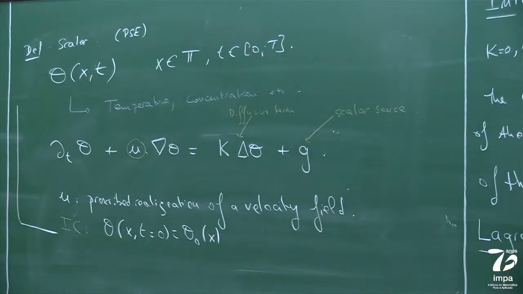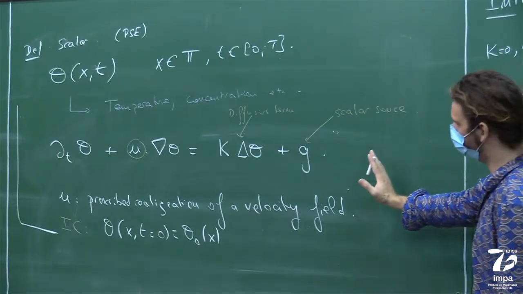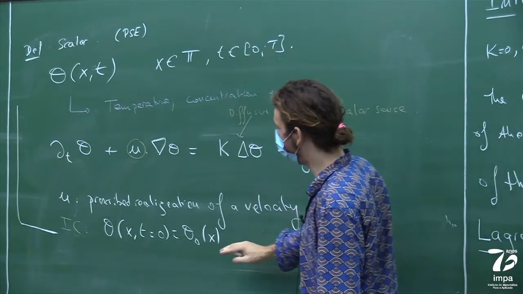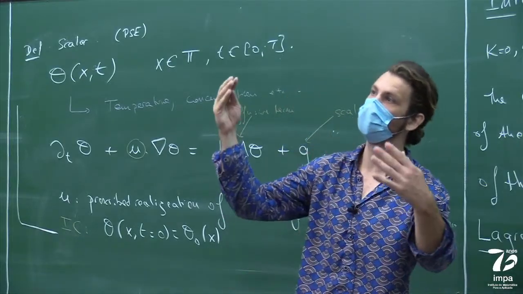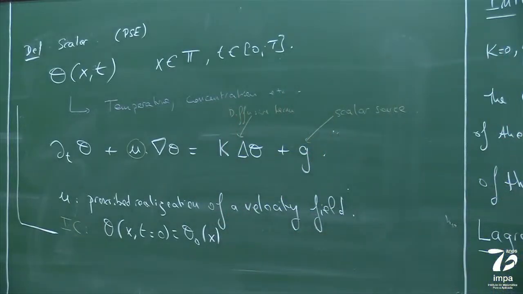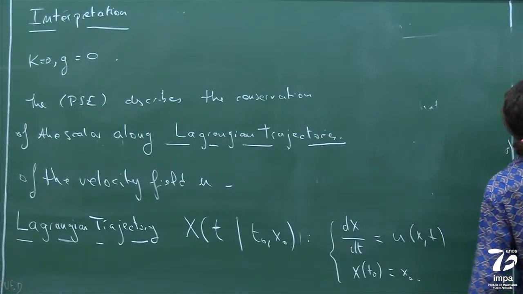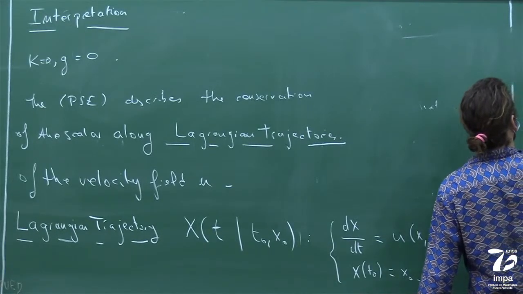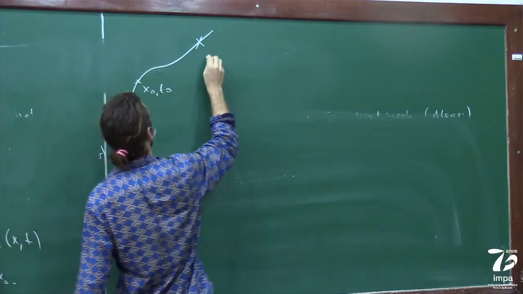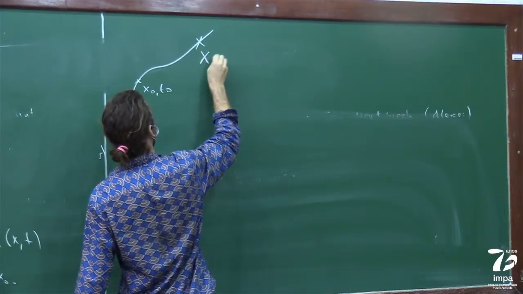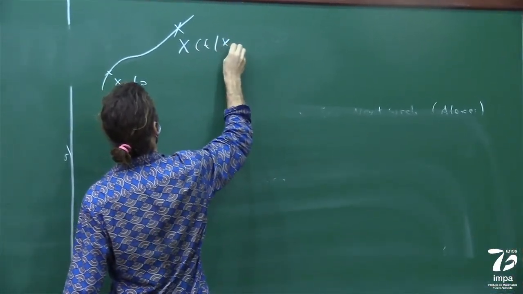So now, this equation simply means that the initial data is conserved along Lagrangian trajectories. So Lagrangian trajectories, which are defined by this equation, you have something like that. At a certain moment of time, you are at x0, t0. At another moment, you are at x, t, x0, t0.